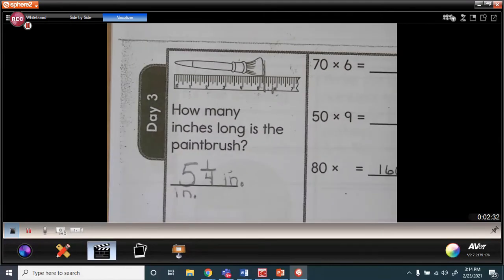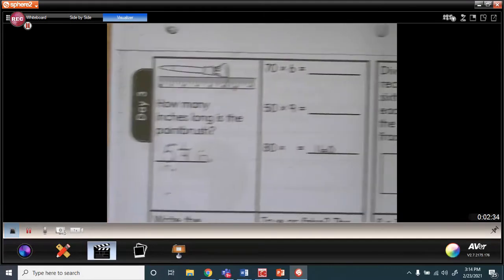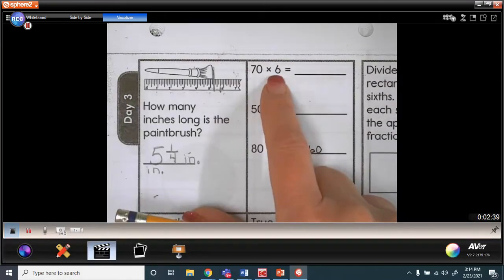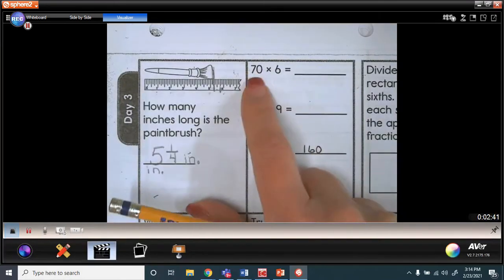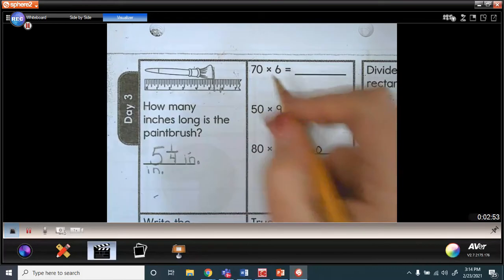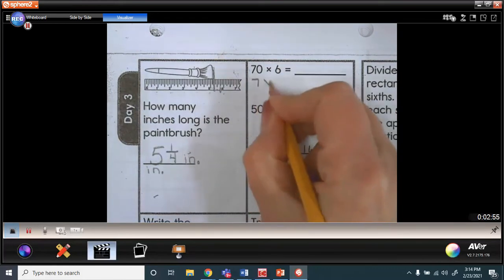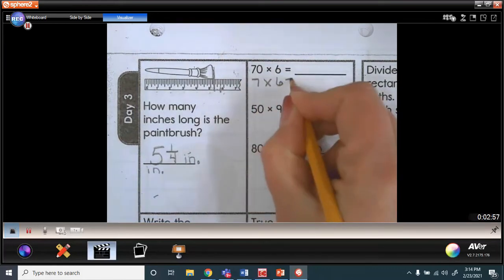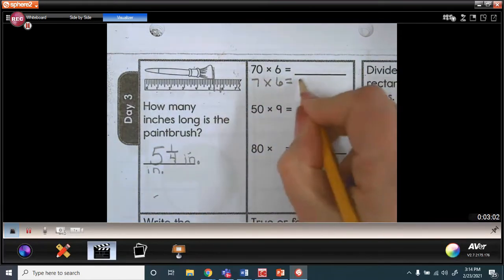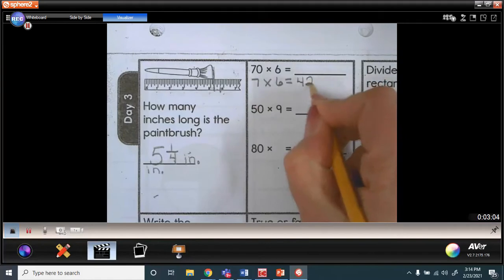Now let's zoom out. And now I'm going to take a look at, we're multiplying 6, a single digit, by a multiple of 10. So a couple of different ways to look at this. We could start with the basic fact of 6 times 7, and 7 times 6 or 6 times 7 is 42.